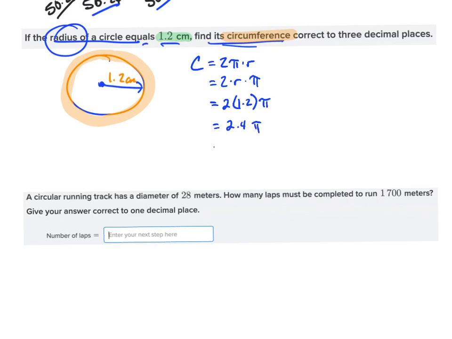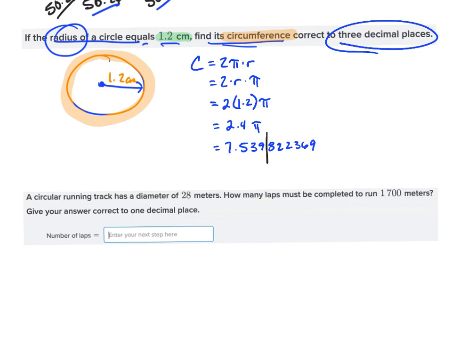And that's going to give us 7.539822369. For all we know, the calculator just said that's as far as it's going to go, and they rounded it. They want us to round to 3 decimal places.